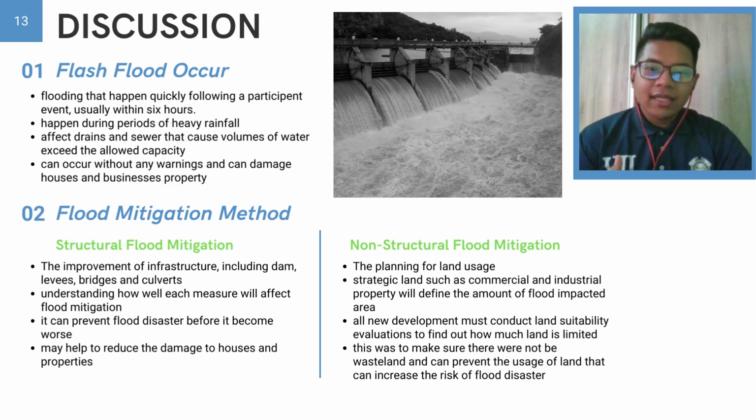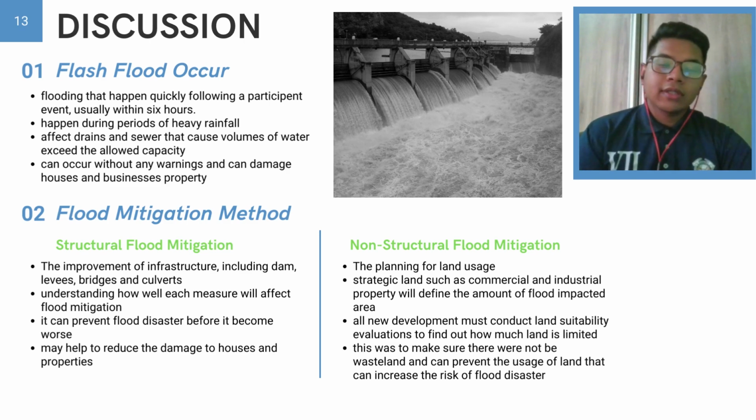We need to understand how each measure will affect flood mitigation. This is important because it can prevent flood disaster before it becomes worse, and it may help people to reduce the damage to houses and also properties.